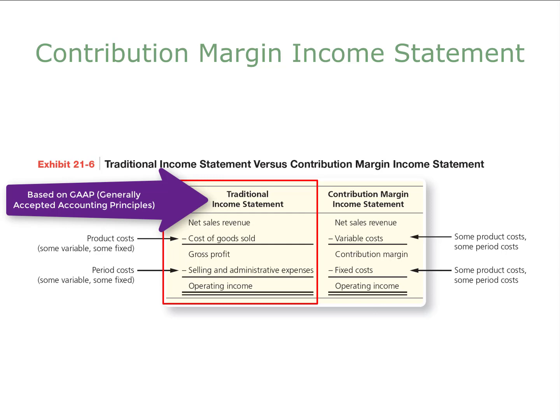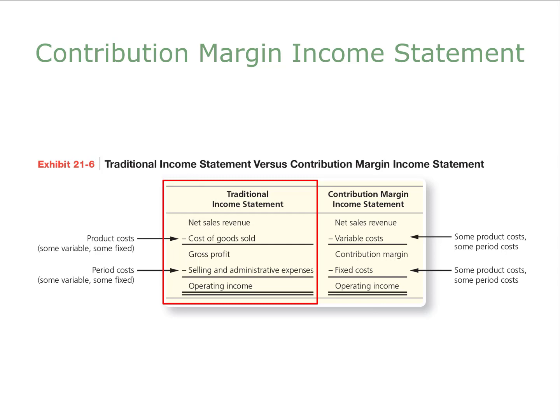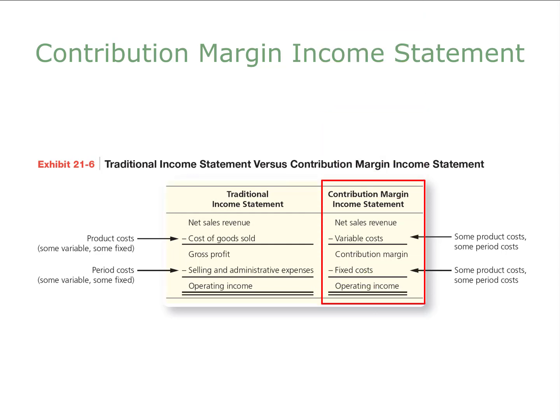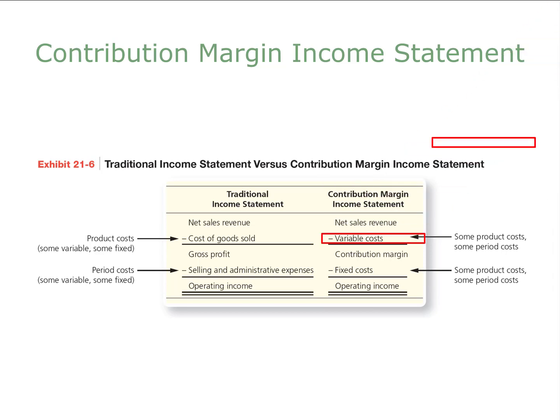Because the traditional income statement on the left does not always provide enough information for managers, an additional format is needed. A contribution margin income statement classifies costs by behavior. That is, costs are classified as either variable costs or fixed costs.